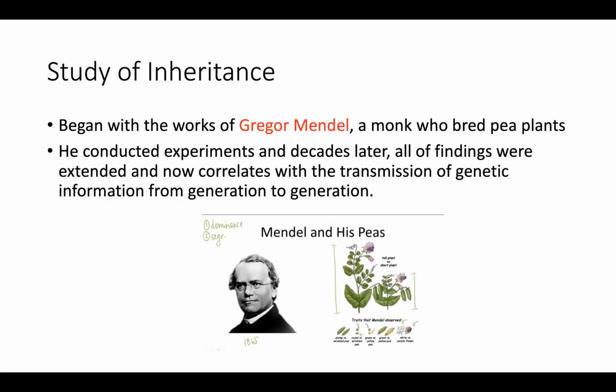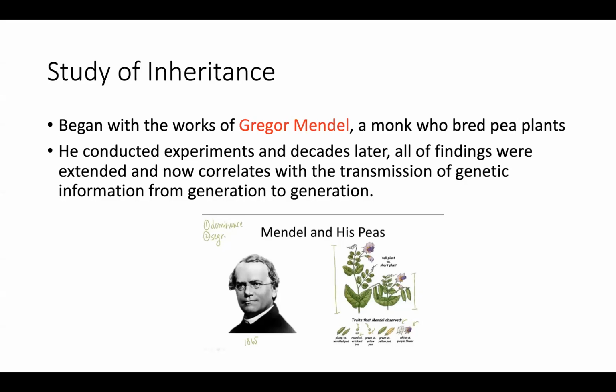The study of inheritance goes way back, and it began with the work of a monk, Gregor Mendel, who worked breeding pea plants, right? He conducted a number of experiments and collected data over several years, and all of the findings were extended, reproduced, studied and confirmed.